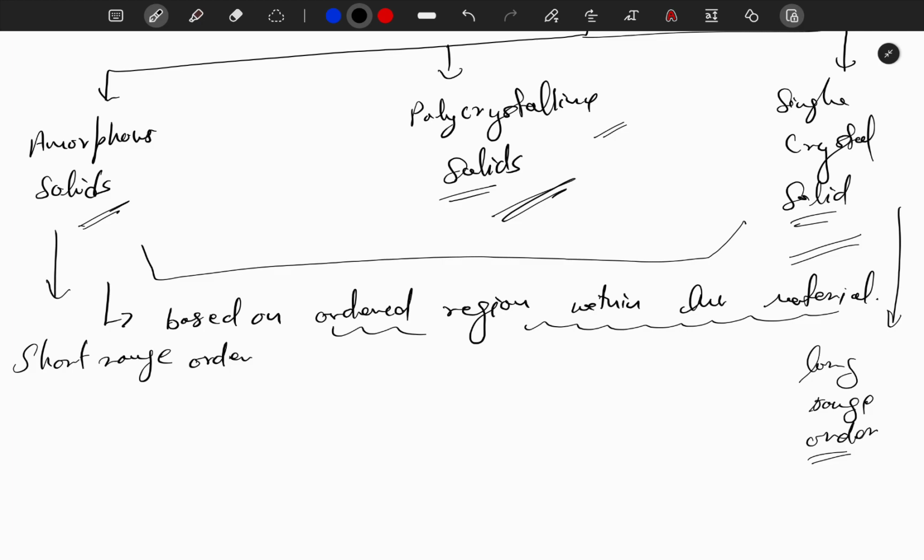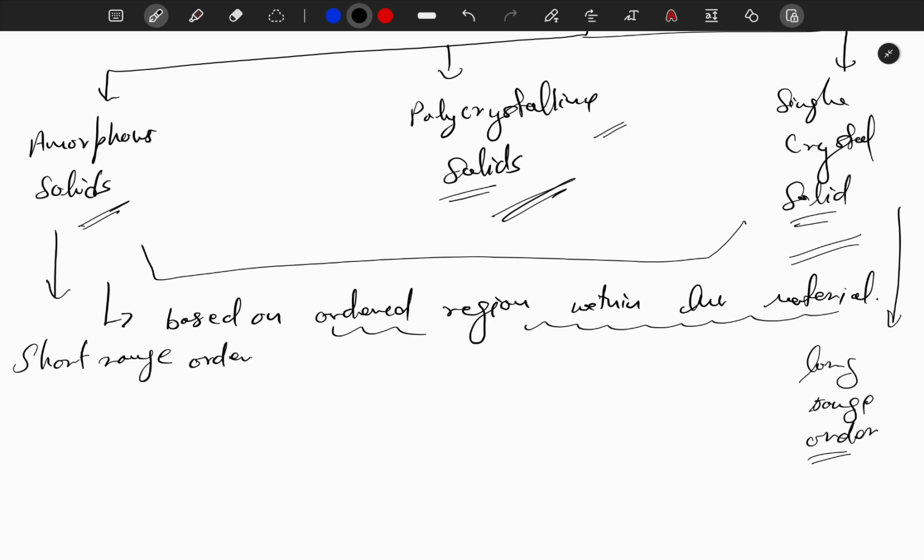But in amorphous solids there is a short range order. It means that the order is repeated only up to a few molecular distances, not in the whole of the solid. So in different parts of the solid we will see different arrangements of atoms.